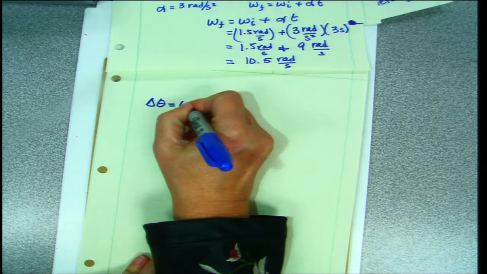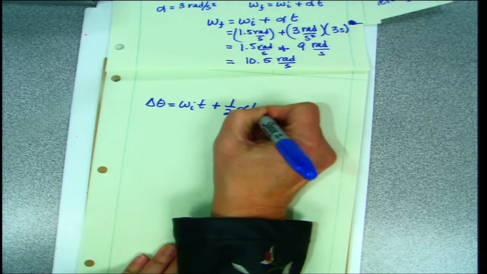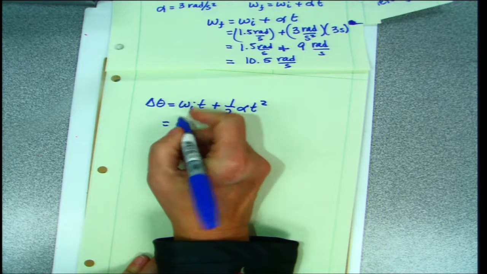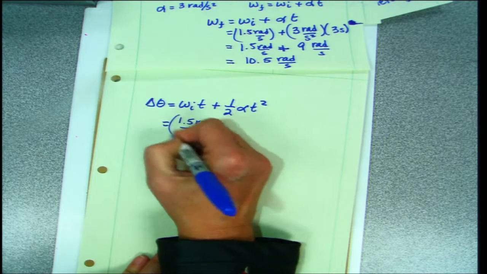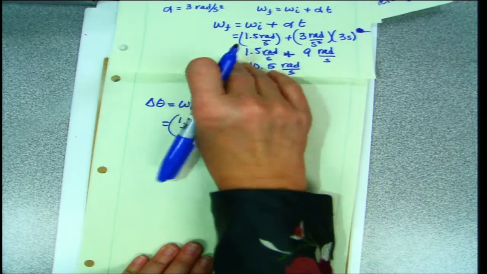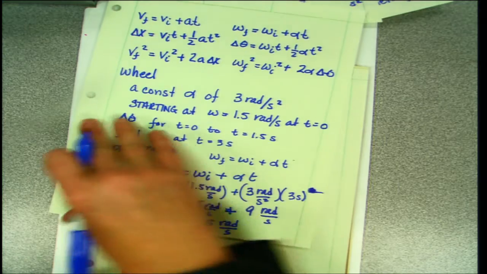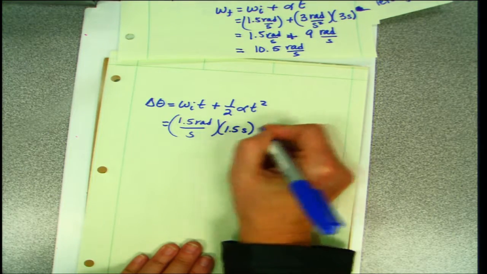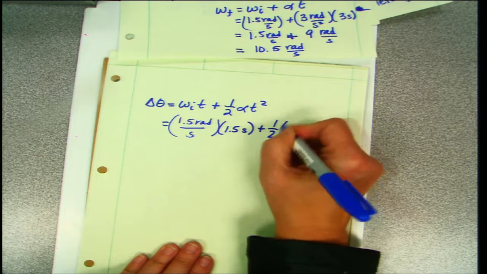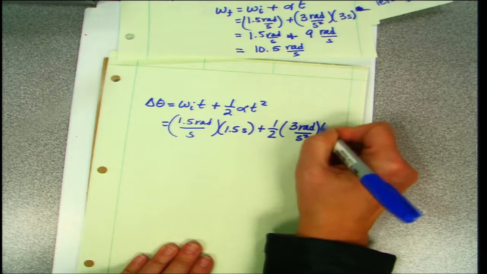So I've got my 1.5 seconds plus my 1/2 times 3 radians per second squared, times my 1.5 seconds squared. This time I am doing seconds squared. If I plug that into the calculator, I get 2.25 radians plus 3.38 radians gives me 5.63 radians.